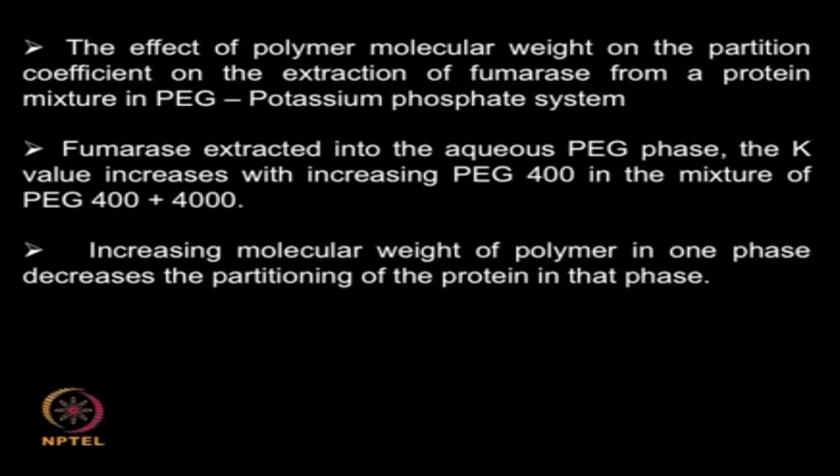The K value, that is the partition coefficient value, increases with increasing molecular weight of PEG, as I move from 400 right up to 4000. So, increasing the molecular weight of the polymer in one phase decreases the partition of the protein in that phase.